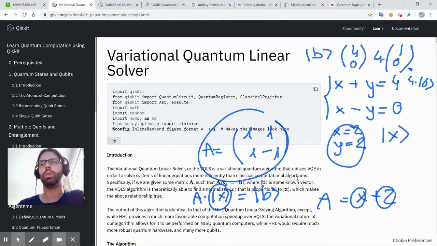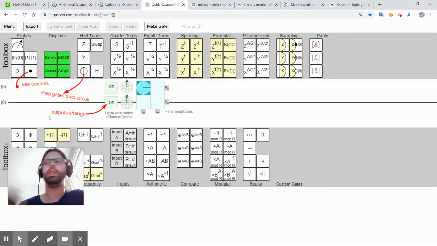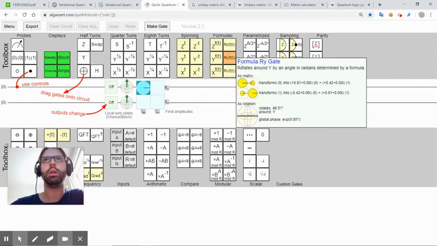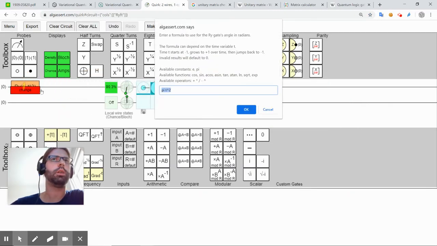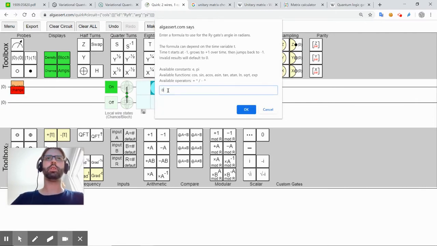Okay, so this means this is A, and so let's go to Quirk. So really simple. We only need one qubit for these, obviously. And so I think one parametrized rotation here, and let's just start with 0.